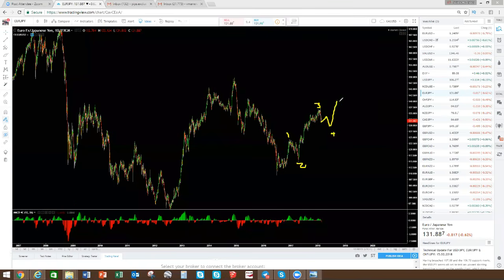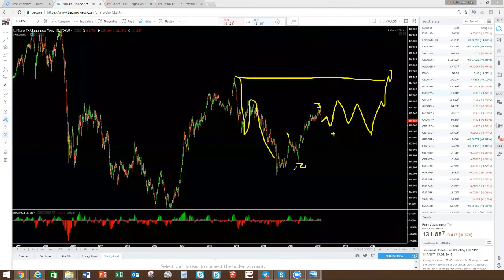It makes a 5. I'm going to expect a bigger correction like that to come retest that. If it does that, then we are getting a 1, 2, 3, a 1, 2, 3, and then a big flat correction like that. That's way far ahead. Right now, we just want to focus on building this wave 4 here before we get the wave 5 and then this correction here. That's what we're looking at on EURJPY.